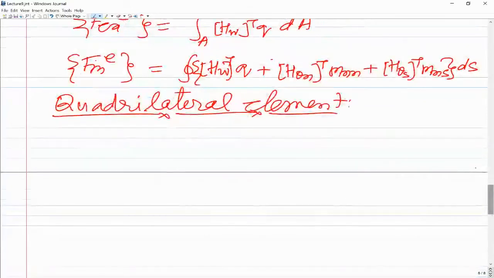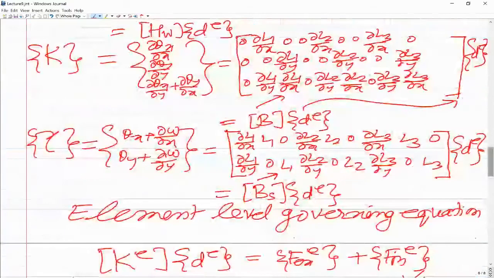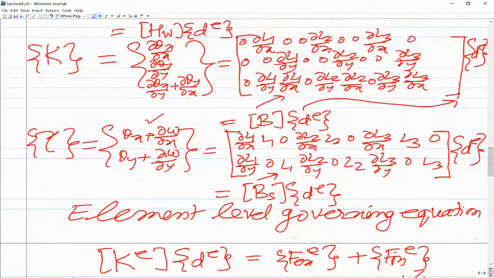Sir, could you please re-explain that gamma matrix, how it came, BS into De? Okay, see, this gamma we have defined. It consists of gamma xz and gamma yz. Gamma xz is theta x plus del w by del x, and gamma yz is theta y plus del w by del y. We saw this in the last derivation in the last class.